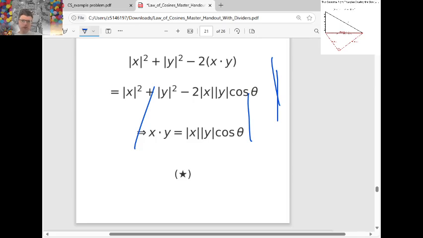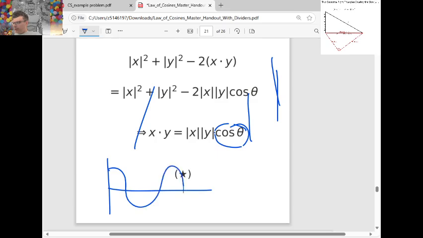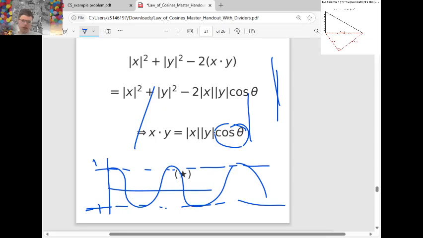Now this is very, very interesting, because look what happens if you divide. Sorry, what's cos theta? Now cos theta looks like that. That's 1 and that's minus 1. That means that the right-hand side at its biggest is going to be the absolute value of x times the absolute value of y times 1.